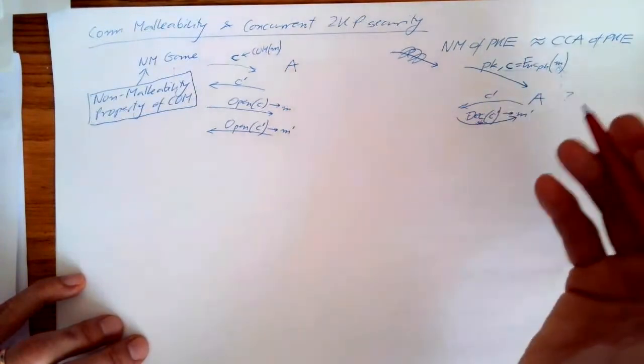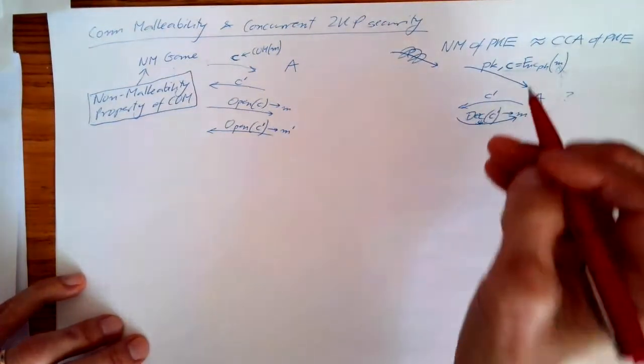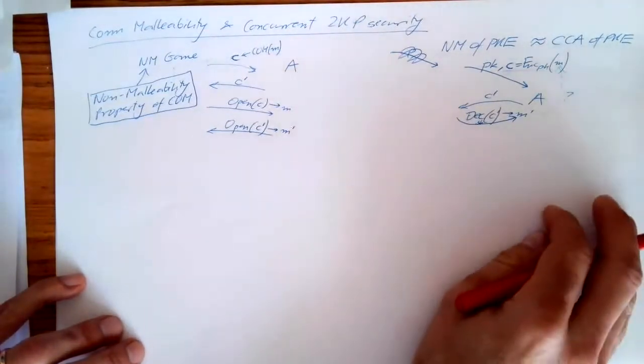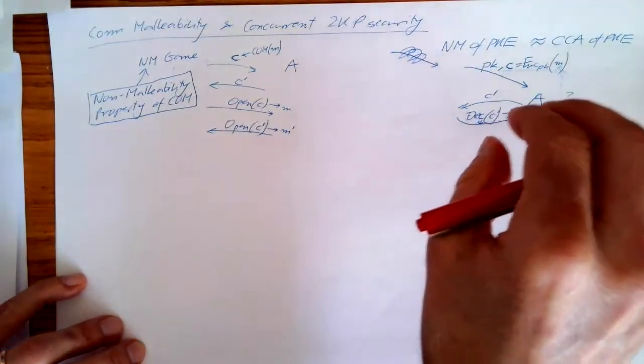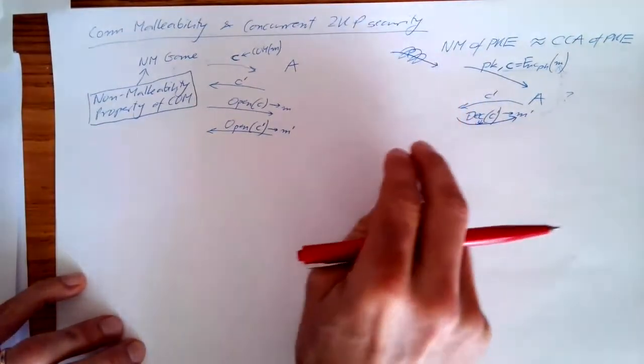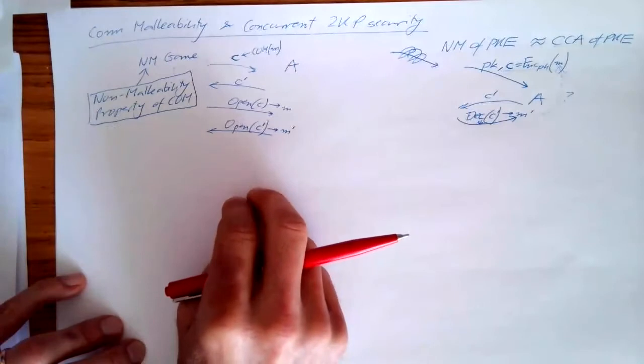But actually, the connection goes both ways: an encryption that is CCA secure is non-malleable.